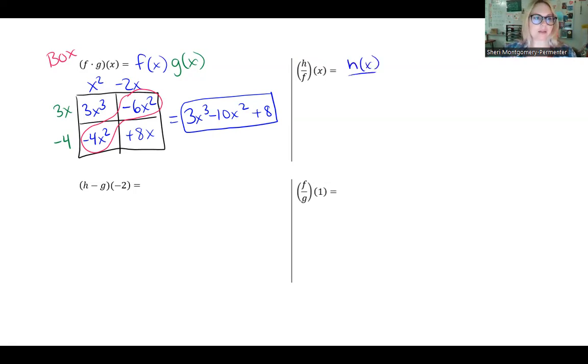So for the division one, first we're going to define it as h of x divided by f of x. And so all we're going to do is say, I don't remember what h of x is. H of x is negative 2x plus 1.